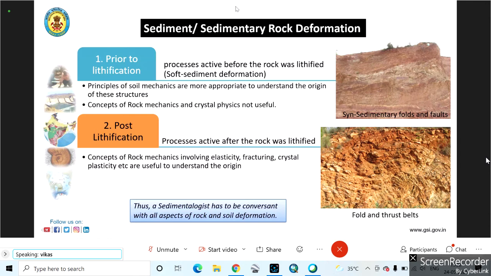Therefore, a sedimentologist has to be very conversant with all these aspects of rock and soil deformations, because you are going to get all these things in terms of syn-sedimentary deformation and also in post-lithification deformations. Next, please.